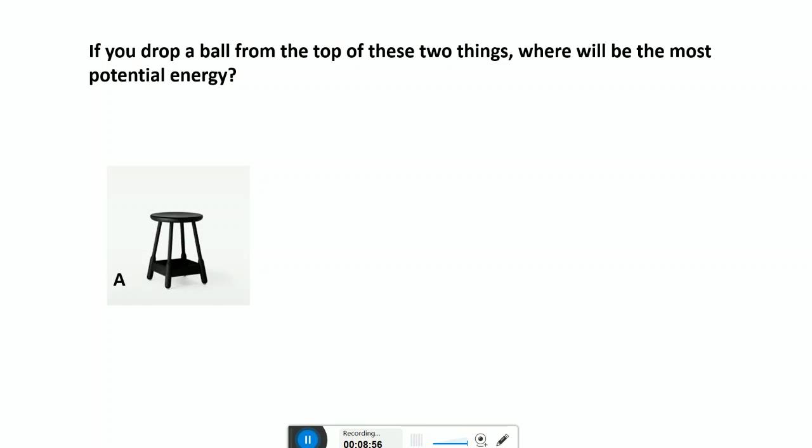And another question is, if you drop a ball from the top of these two things, where will be the most potential energy? The two things are A and B. We also know that potential energy depends on the height of an object. The more the height, the more its potential energy.